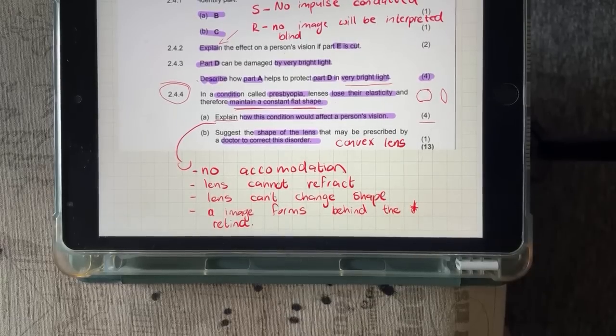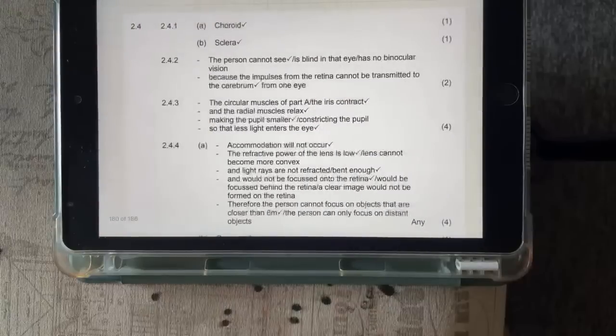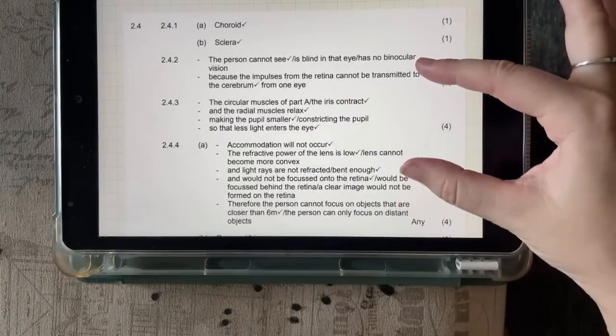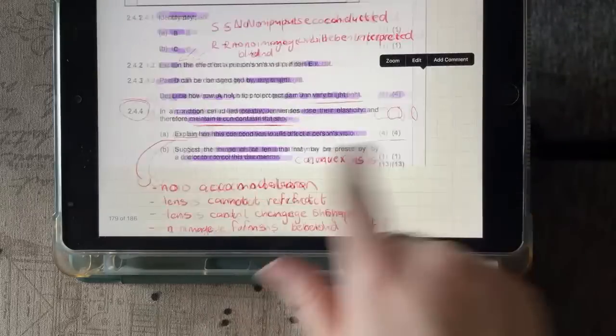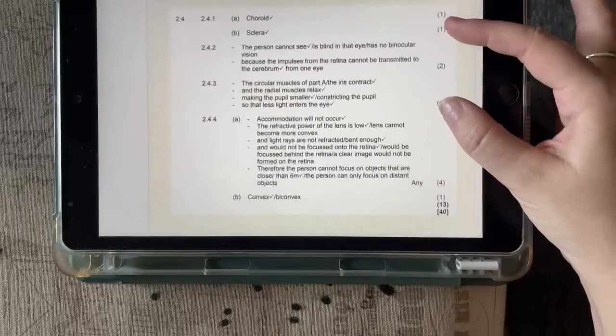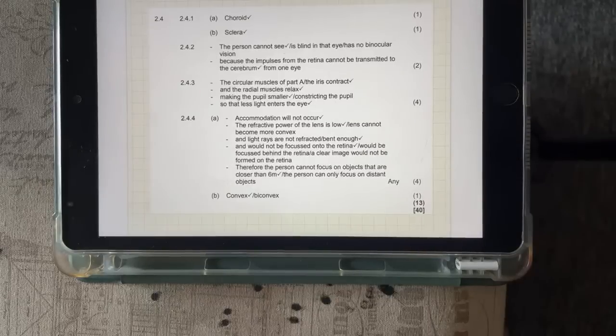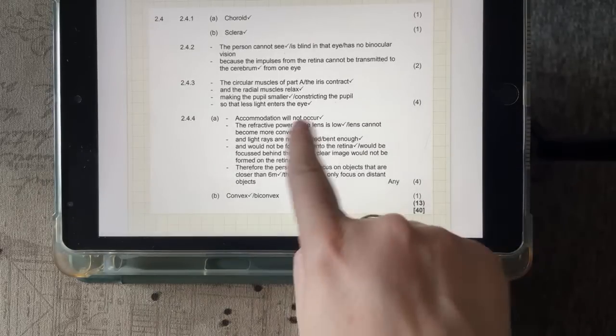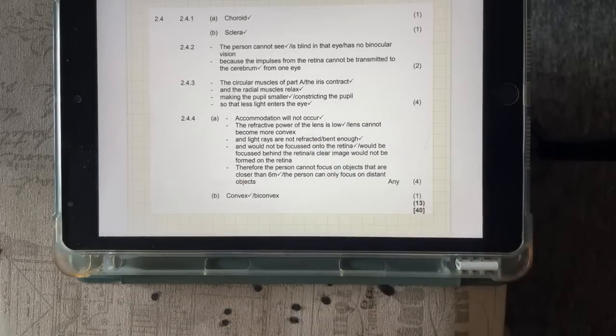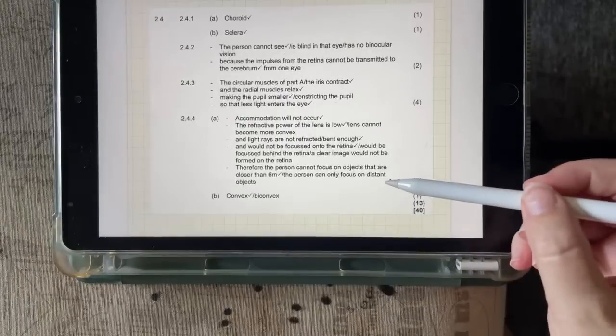All right. I'm going to show you the memo and I'm just going to zoom out a smidge so you can see the whole memo. This one over here, there were many options. I didn't write them all out. You can see they said any 4 here.